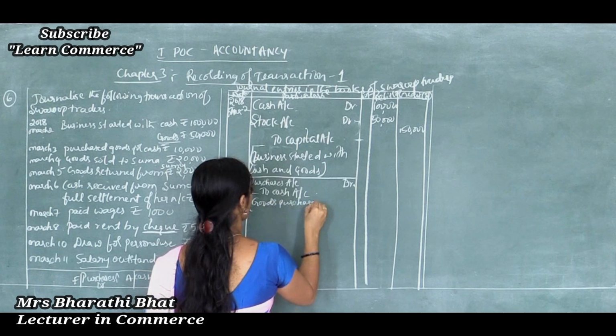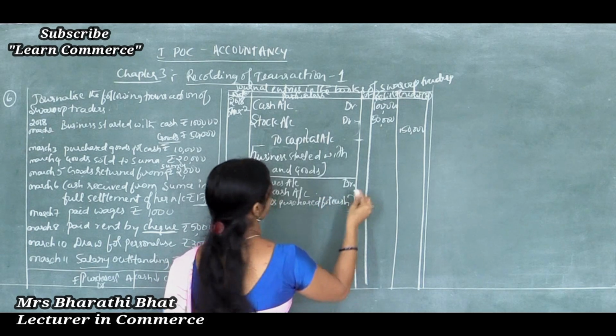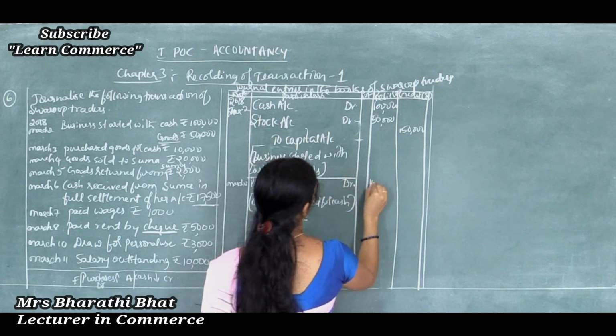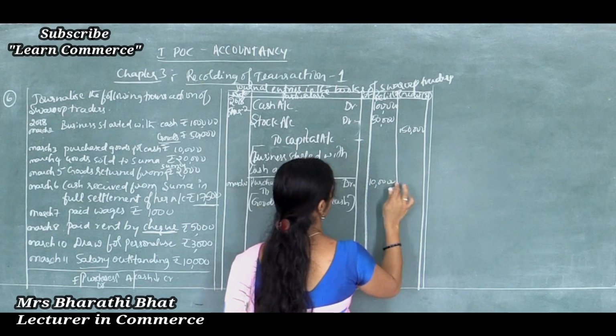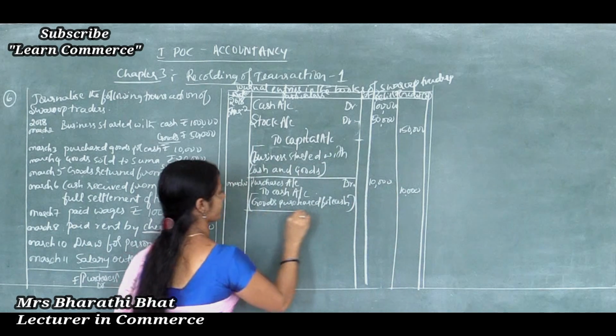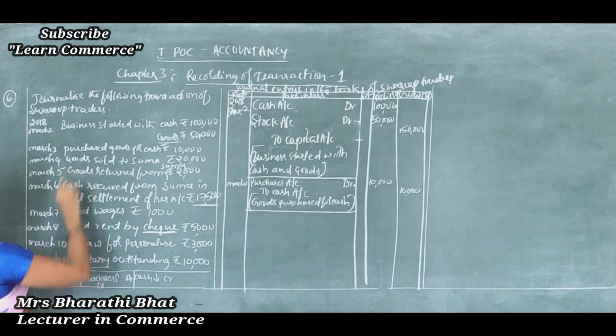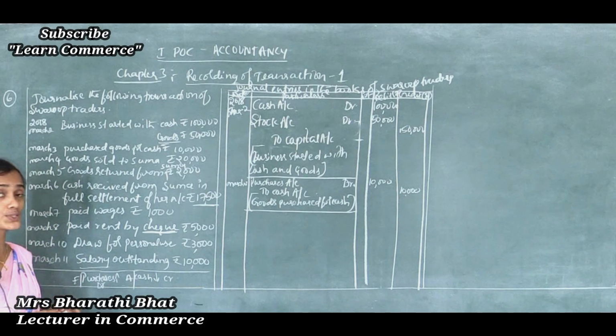Goods purchased for cash, costing rupees 10,000. Close the entry.